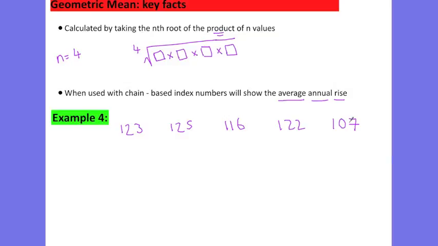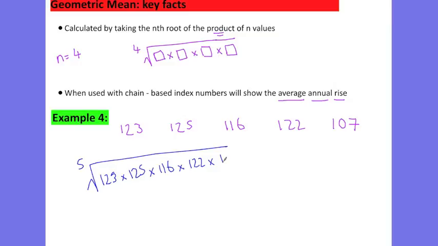Now, finding the geometric mean of these chain-based index numbers, we are going to have to find the fifth root of all of these numbers multiplied together. So we will take the fifth root of 123 multiplied by 125, multiplied by 116, multiplied by 122, multiplied by 107. The fifth root of this is equal to 118. This is the geometric mean for these chain-based index numbers.